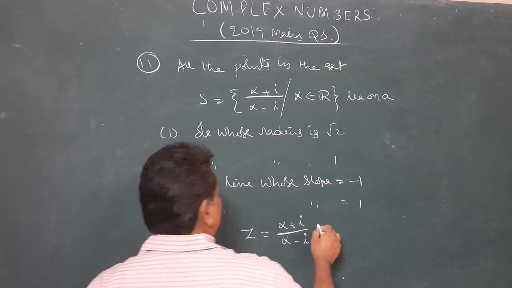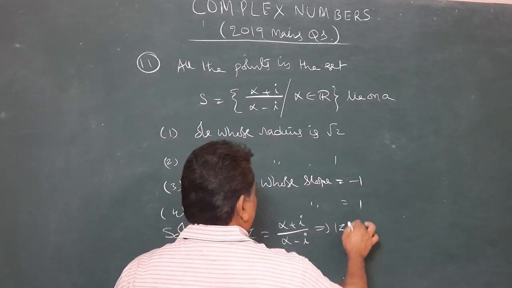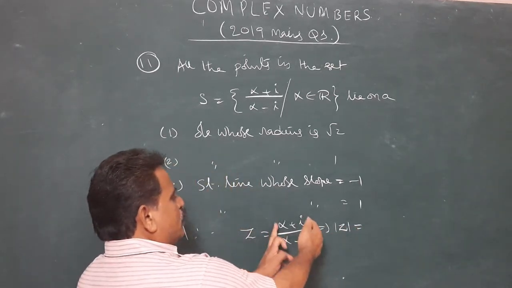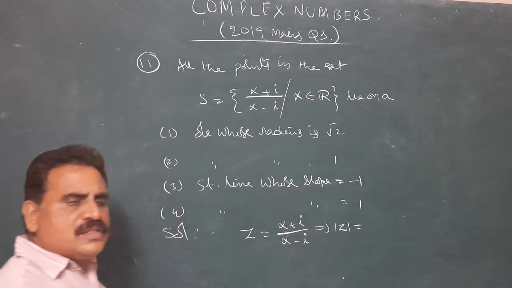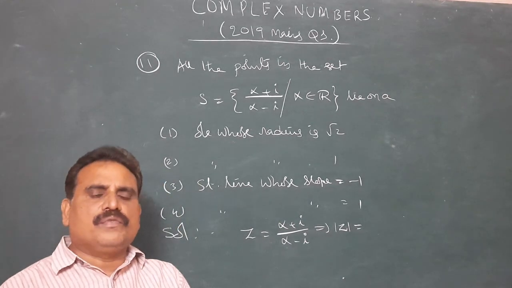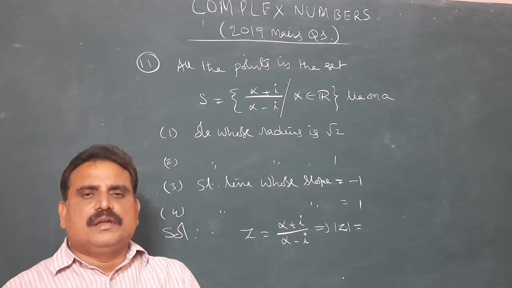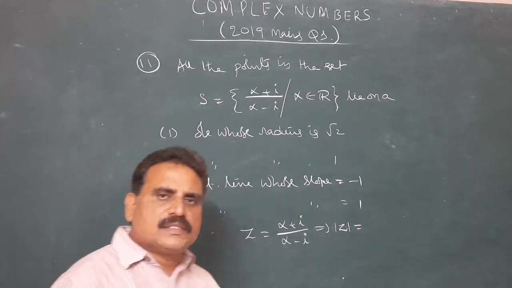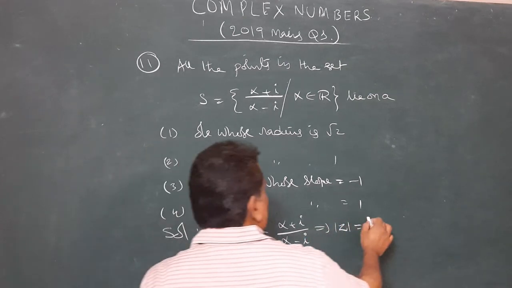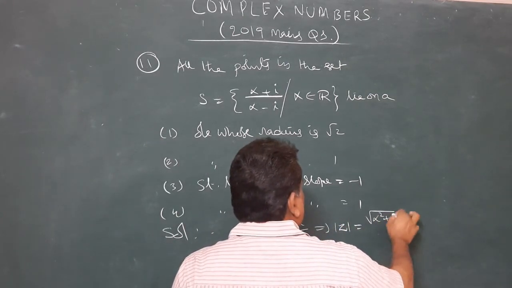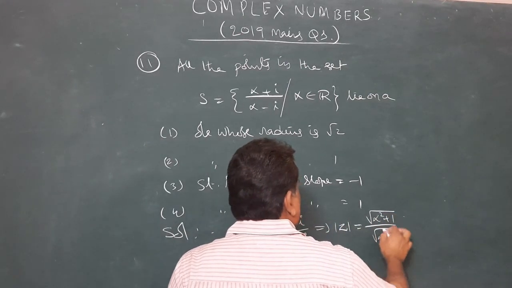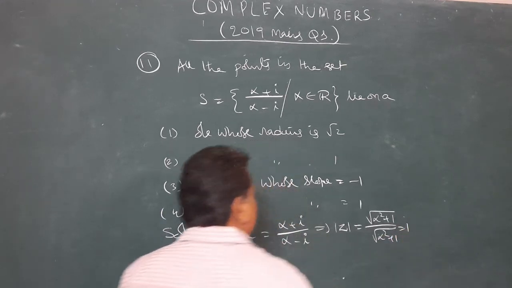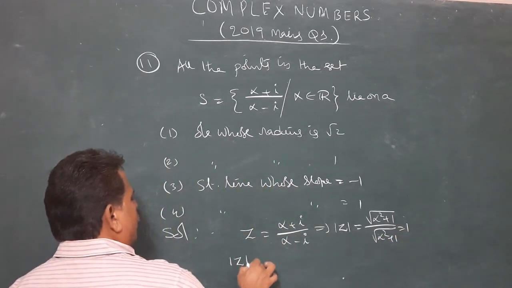How is it 1? Look here, |z| equals modulus of numerator by modulus of denominator. Modulus of a complex number x + iy is root of x² + y². So here, root of (α² + 1) by root of (α² + 1) equals 1. That means |z| equal to 1.